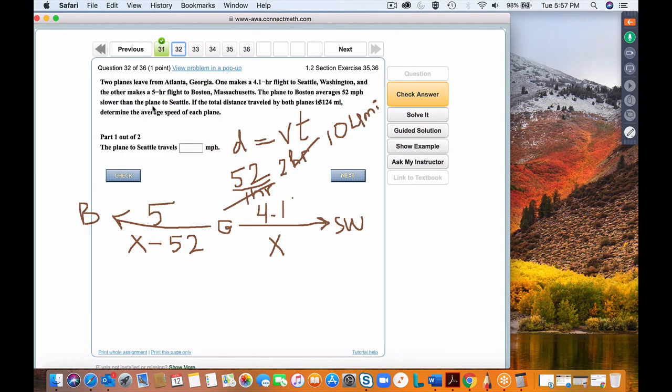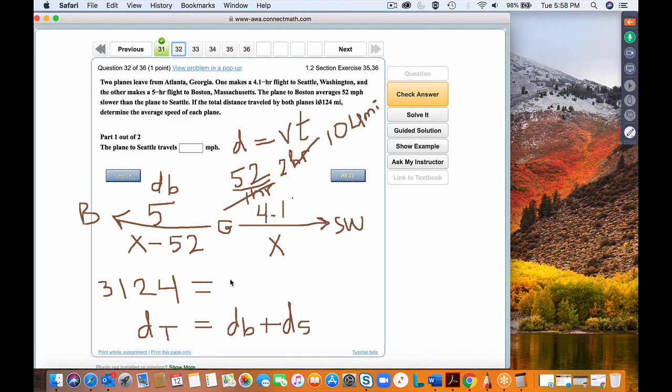Now, the total distance is 3,124. Remember, the total distance is equal to the distance to Boston plus the distance to Seattle.